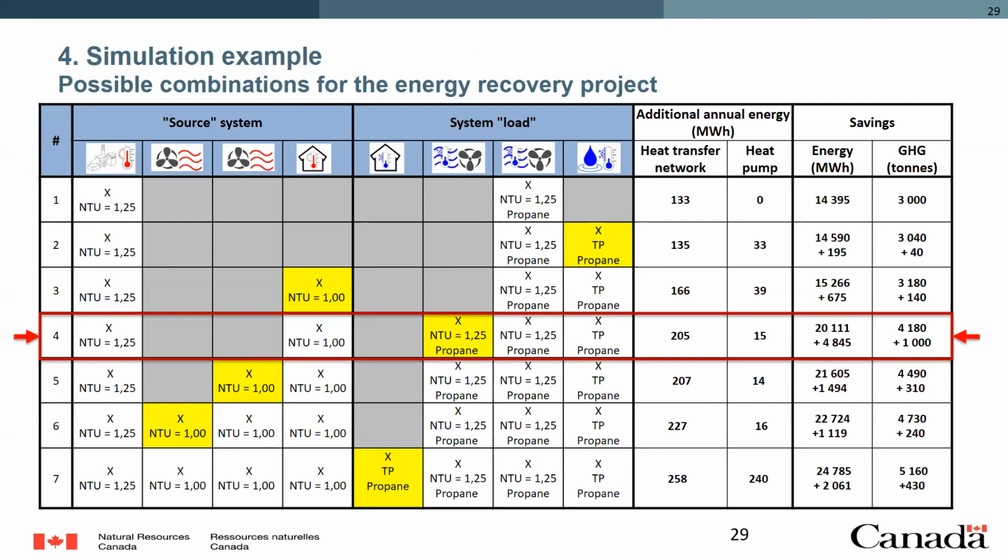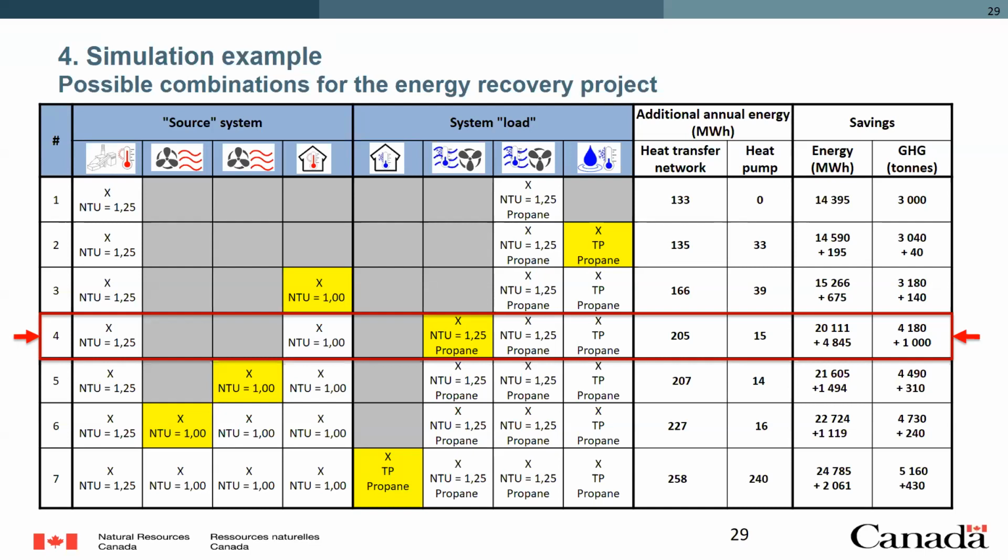So we have 4 sources, 4 loads, and then for each line in the table, you have the additional heat transfer of the network, which is basically the number of megawatt hours that are required for a month to circulate to make the heat transfer network work, and if there's a heat pump, that will be included as well. And then the last 2 columns show the energy savings and the GHG emission savings on top.